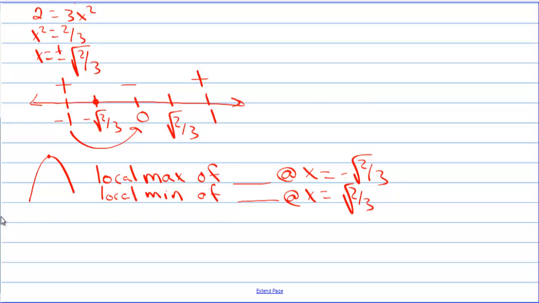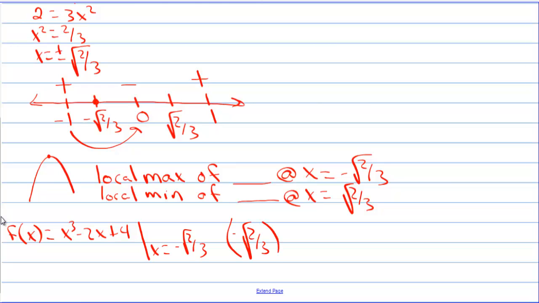We have x to the third minus 2x plus 4. This is f of x. We want to evaluate this at x equals negative square root of 2/3, which is negative square root of 2/3 to the third, minus 2 times negative square root of 2/3, and then plus 4.